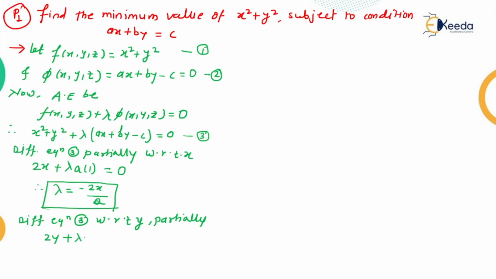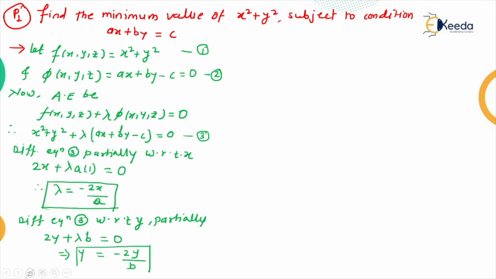Its derivative is clearly b, because the x derivative is 0 and the minus c derivative is 0, and this is equal to 0. So we get lambda equal to minus 2y upon b.